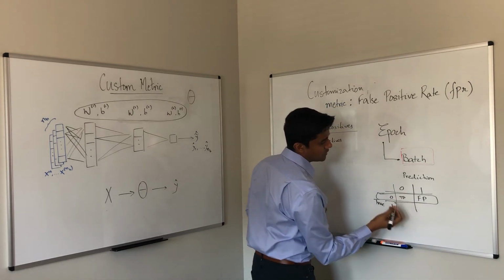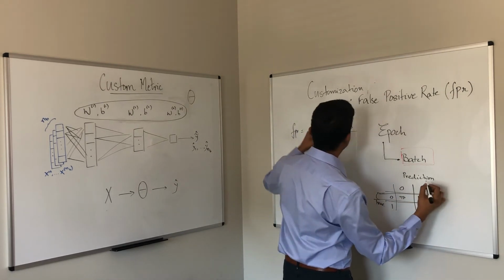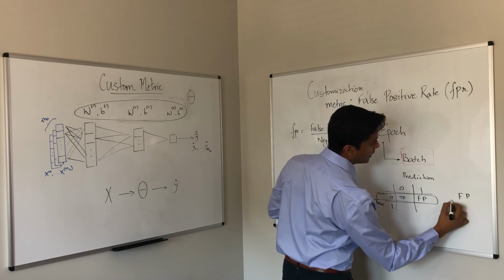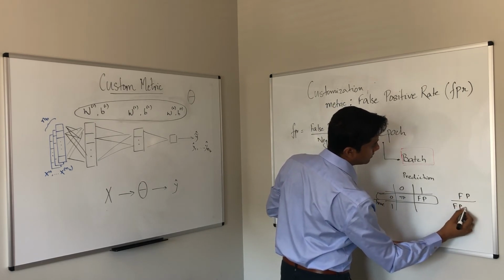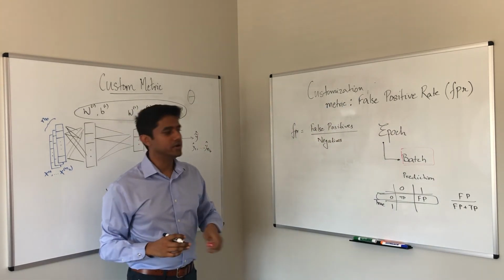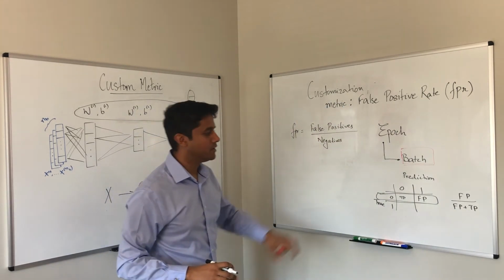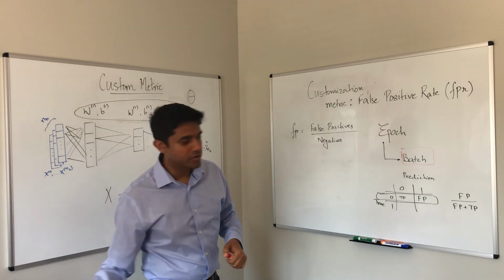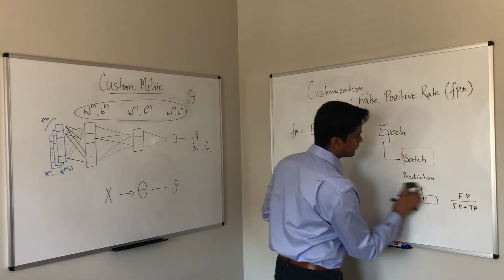This is true positive. If we are interested, basically this formula is equal to FP by FP plus TP. But for our custom function definition, this is not very important. This is only for quick revision of what this means.